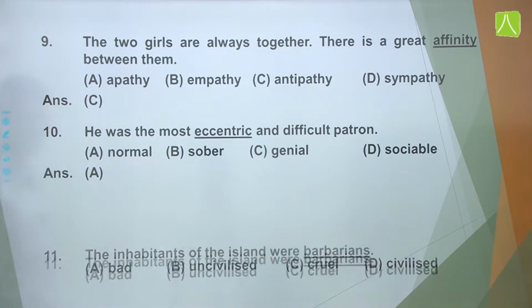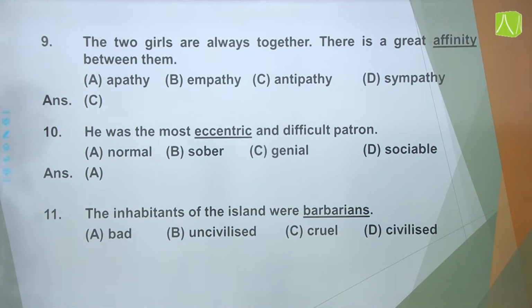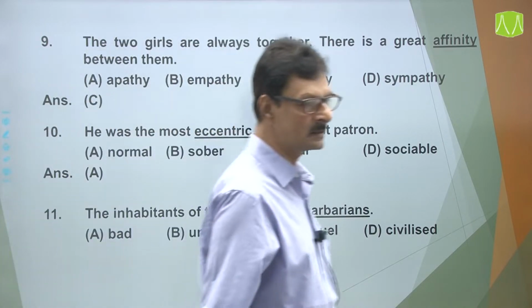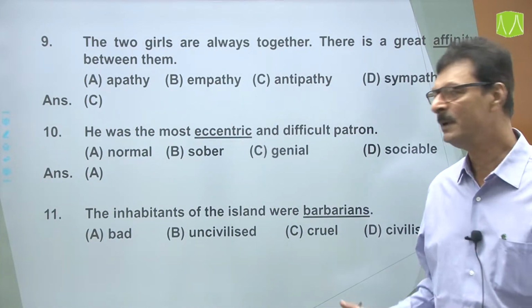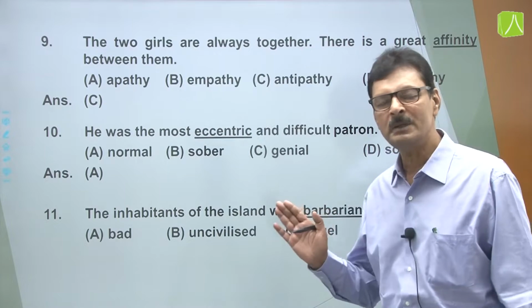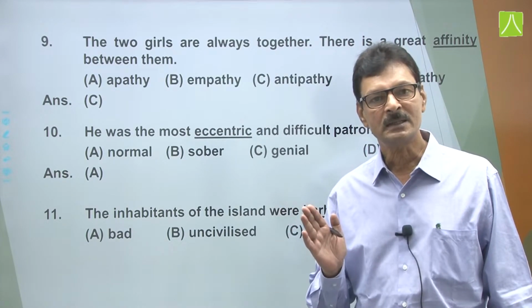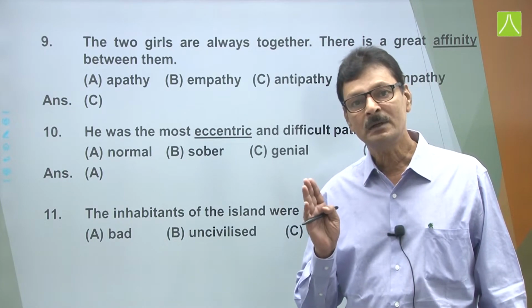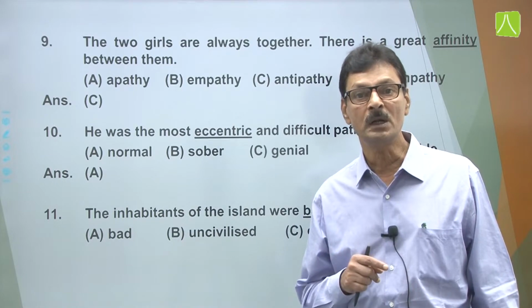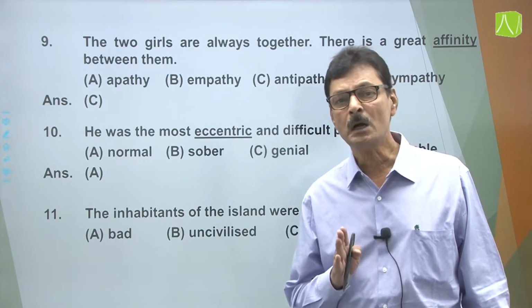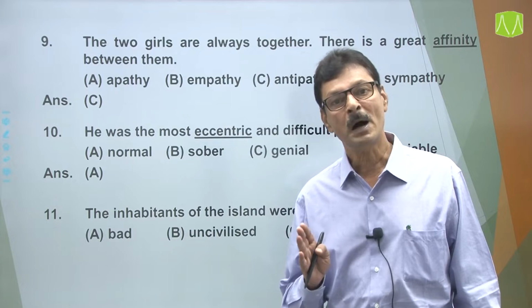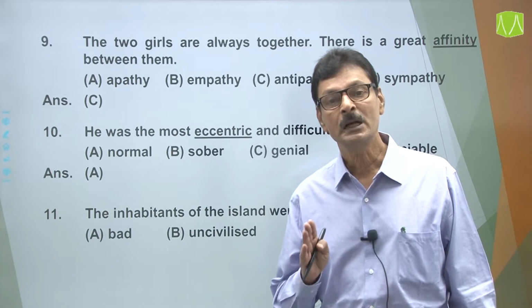Next: the inhabitants of the island were barbarians. What is barbarians? If you want to remember this word, you can remember it this way: you must have heard the name of the Mughal ruler Babar. He was a cruel ruler. So, barbarians means cruel.